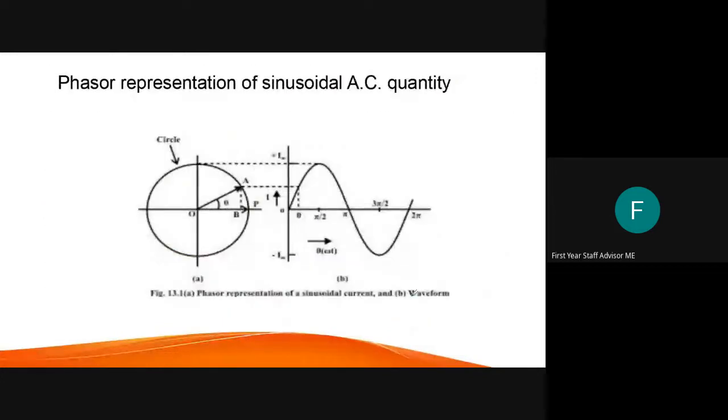You can see how a sinusoidal AC quantity is represented using a phasor. Look at the circle. This is the point of origin.